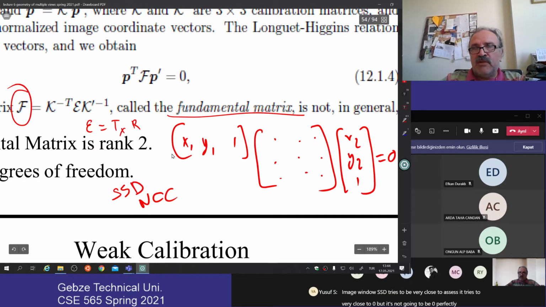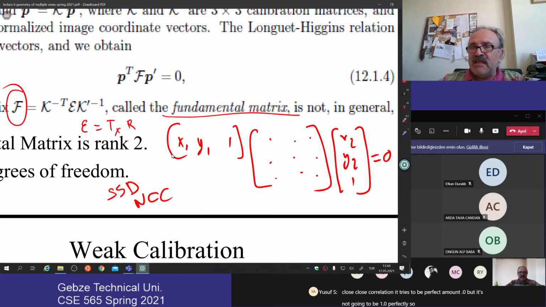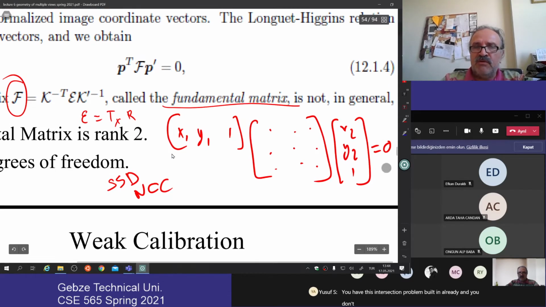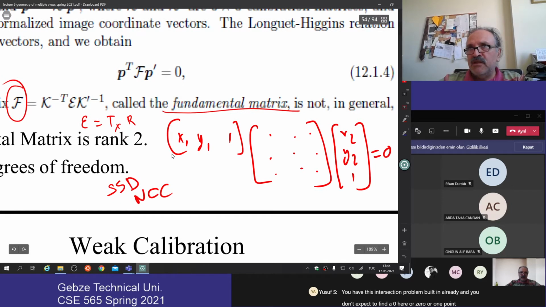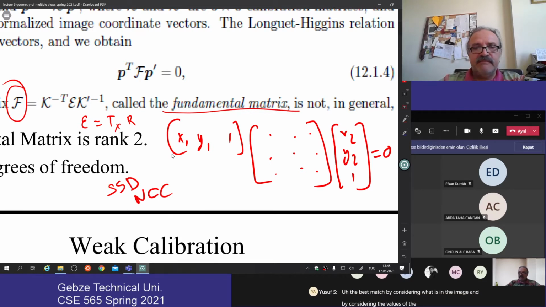Normalized cross correlation tries to be perfectly 1.0, but it's not going to be 1.0 perfectly. So inside the fundamental matrix, you have this intersection problem built in already, and you don't expect to find a 0 here or 0 there or 1.0 there. So this is an optimization problem. You are trying your best to achieve the best match by considering what is in the image and by considering the values of the fundamental matrix.